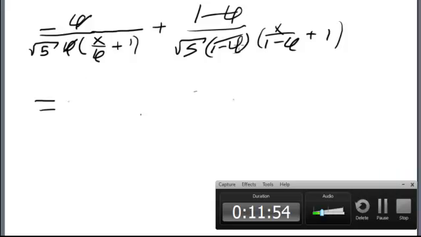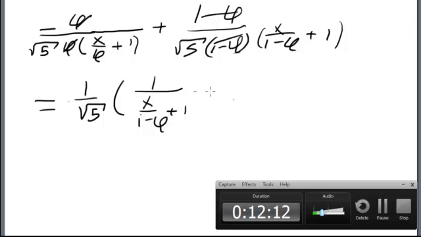I'm going to move this over here and move this over here, so I get a positive 1 over here. And I'm going to pull out the 1 over the square root of 5. So 1 over the square root of 5 times 1 over, x over 1 minus phi plus 1, minus 1 over x over phi plus 1.